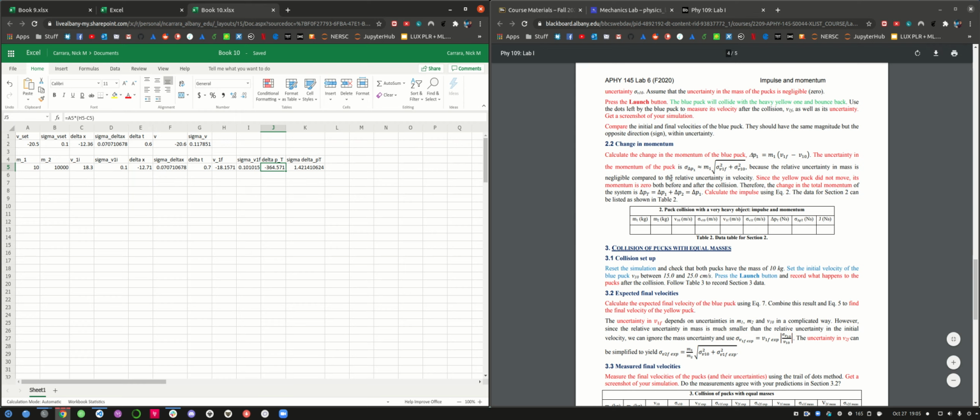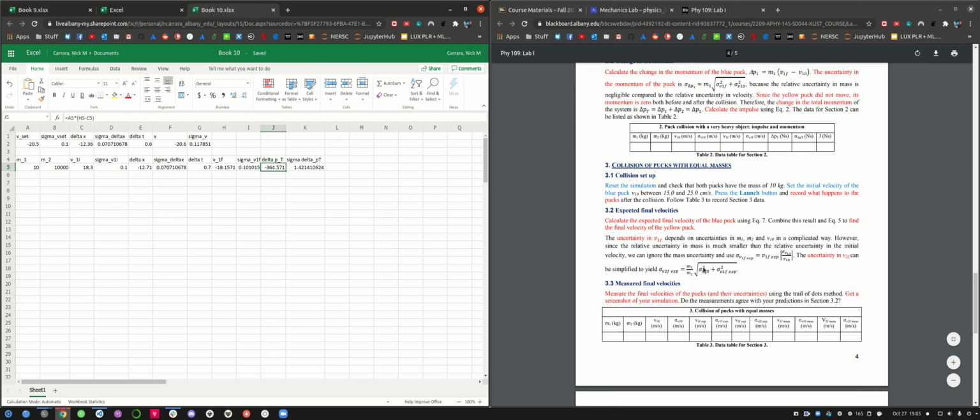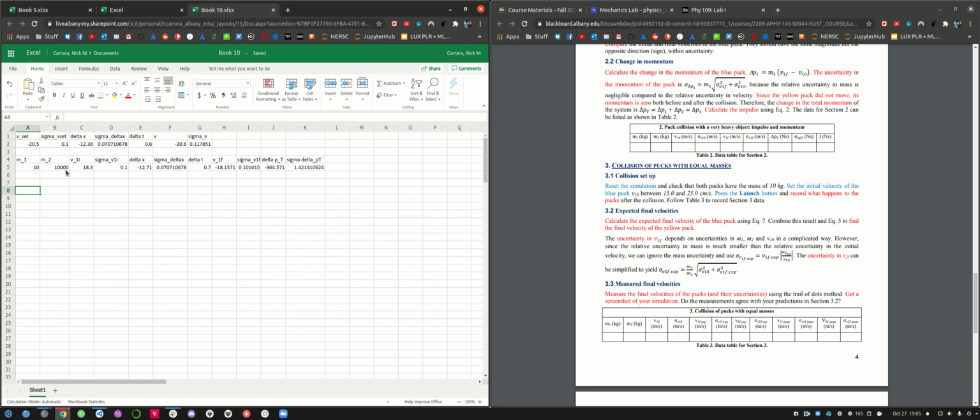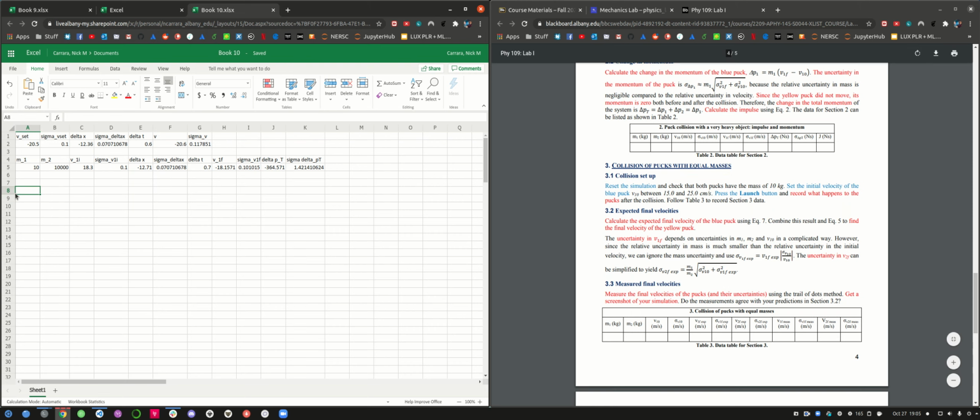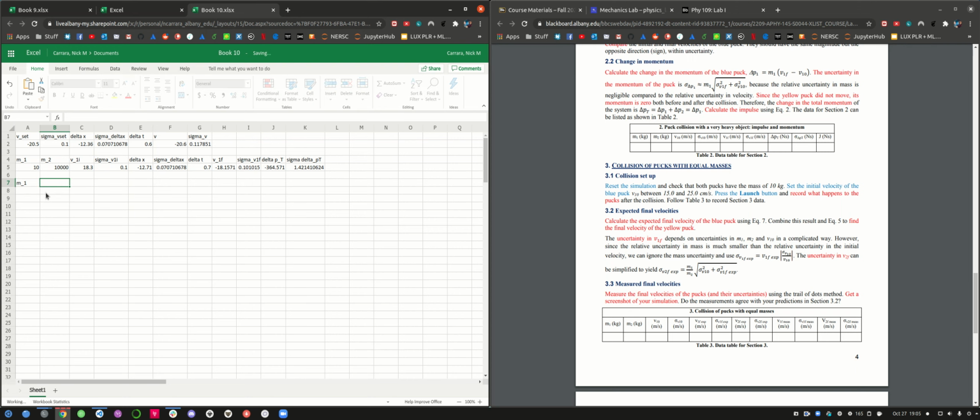So now we're going to basically do another experiment, but we're going to keep the masses equal. And so this is going to require us to calculate more things. Let's see, what do we need? We're going to need the mass of each. We're going to need the initial velocity of the first puck.